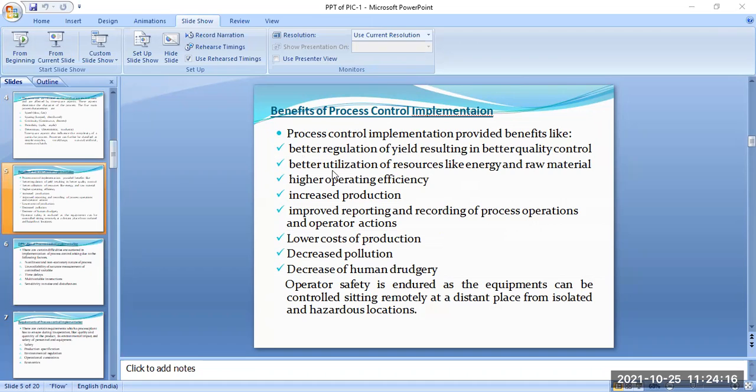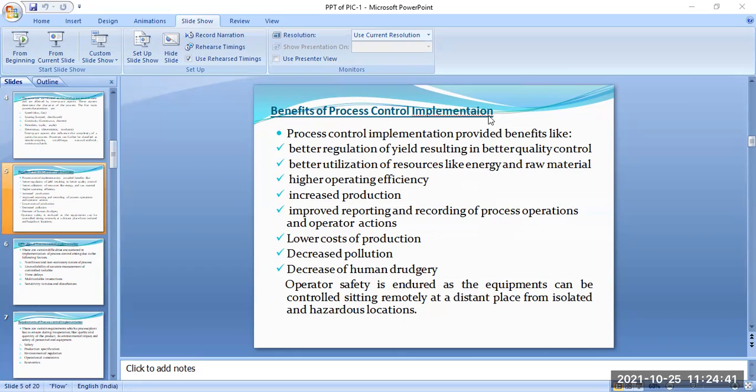Next, number 2, better utilization of resources like energy or raw material. In any process plant or industry, when it is working, energy is also required, sometimes different types of energies. This energy may be power energy, thermal power energy, nuclear power energy, or something like that.